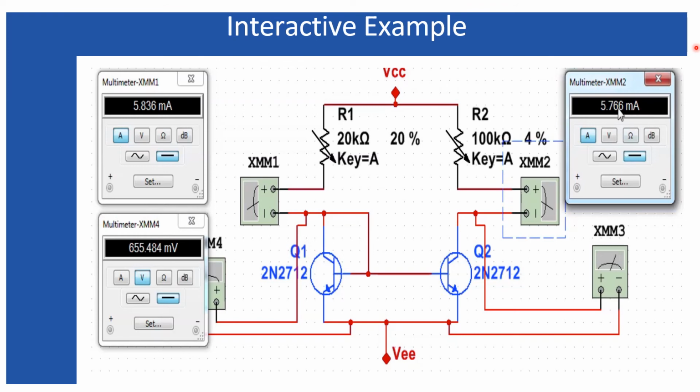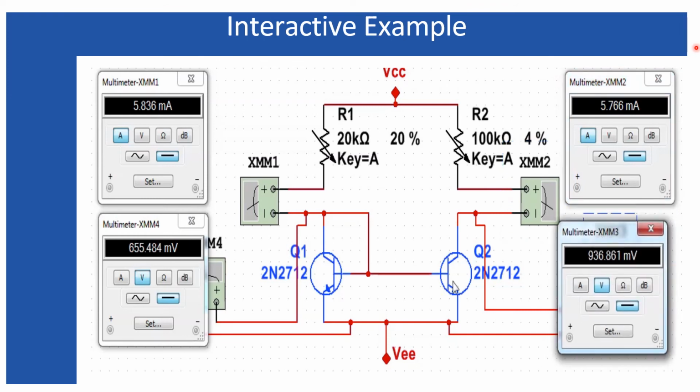This variation is due to the collector to emitter voltage of transistor Q2, which you can see from here. Although both of these transistors share the same base to emitter voltage, which is 655.484 millivolt, the collector to emitter voltages of transistors Q1 and Q2 are different, and this difference is introducing this error between the output current and the reference current.